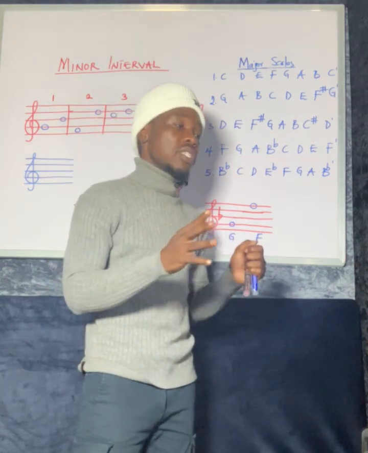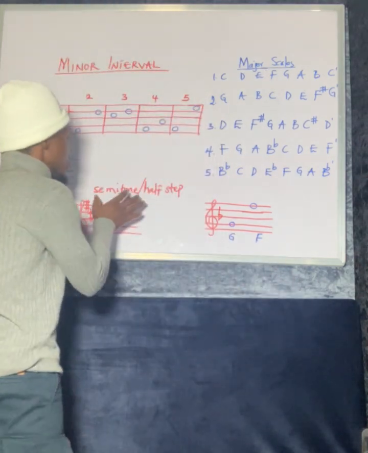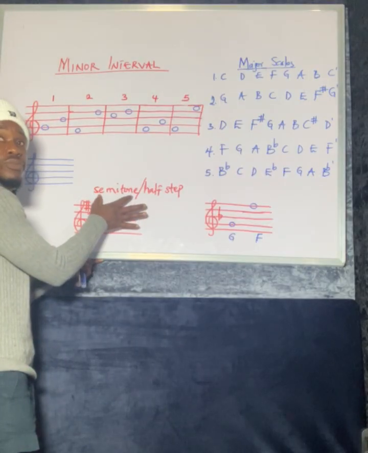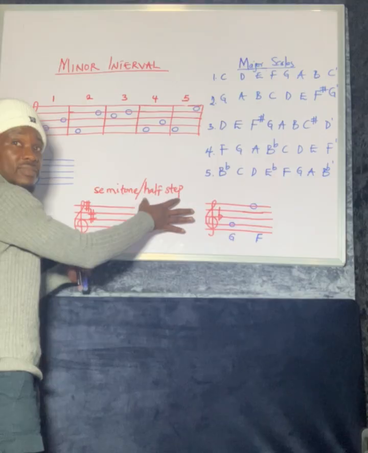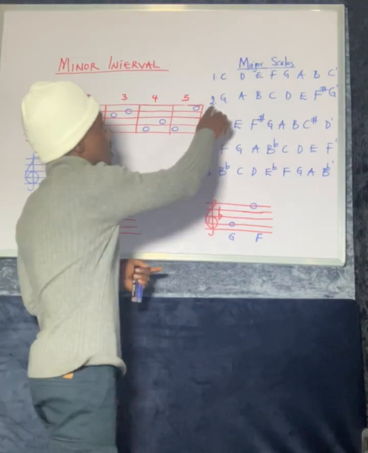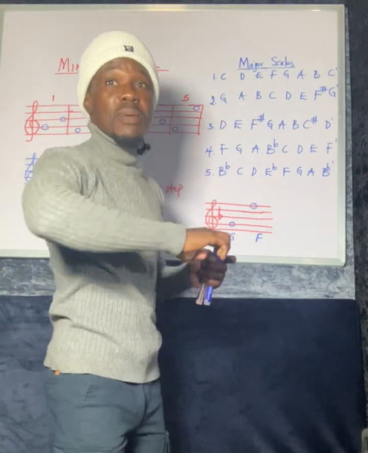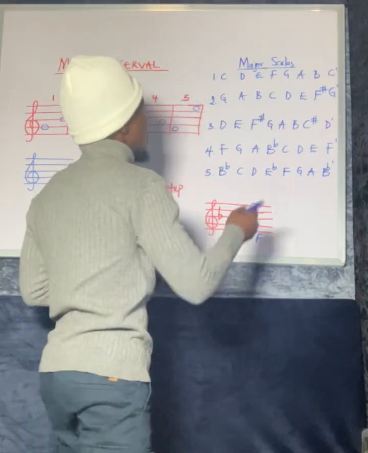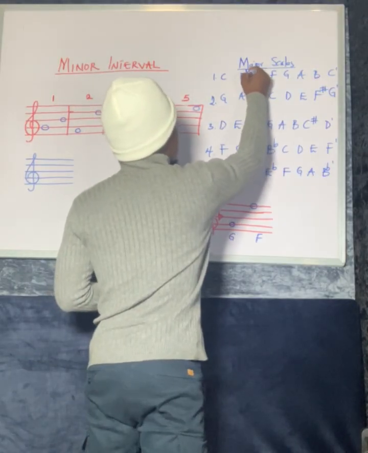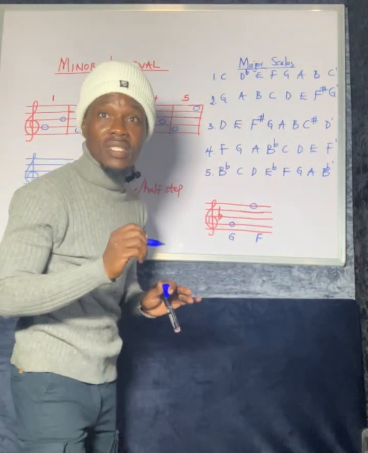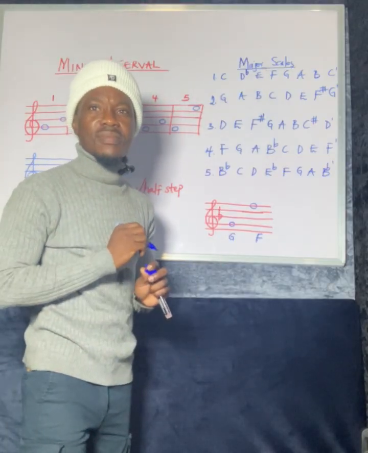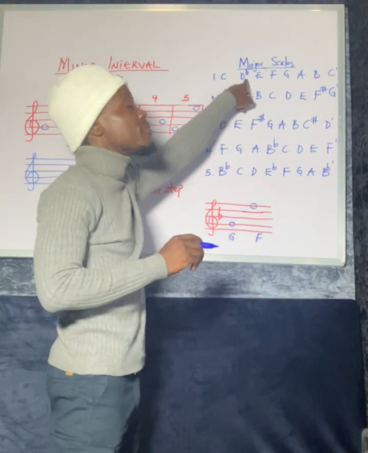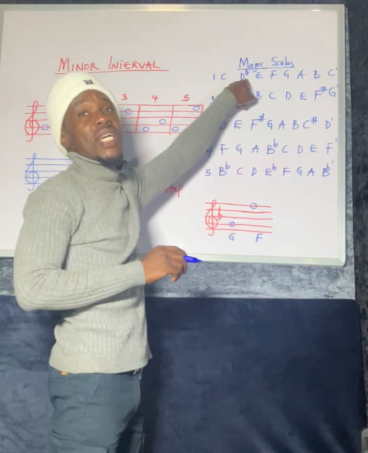So when we are reducing a major, we are reducing it by a semitone, or what we call a half step. For instance, C to D is a major second, but C to D flat becomes what? A minor second, because the D has been reduced by a half step.